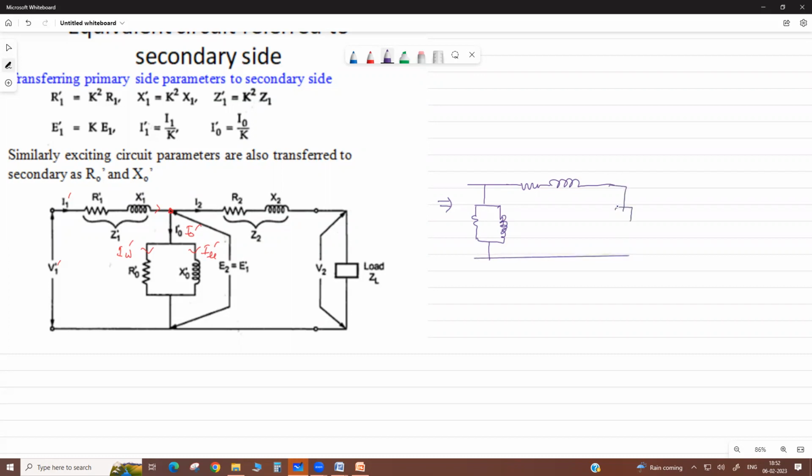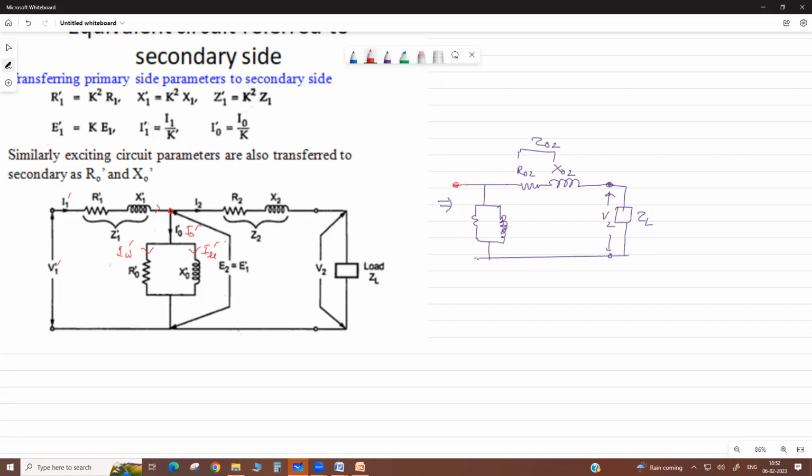This is your load ZL. Here this terminal voltage is V2. This is R02, X02, total equivalent resistance as referred to the secondary side, and this is total impedance as referred to the secondary side, total equivalent reactance of the transformer as referred to the secondary side.